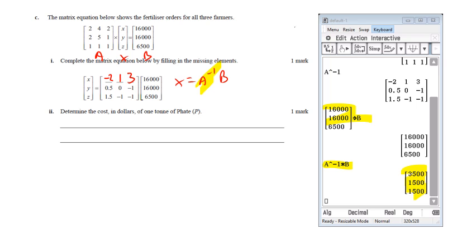Fate, if you remember, our labeling was K, N, P, so fate is the last one. So it should be $1,500 because it was the last one. Don't forget your dollar symbol because it says in dollars. They'll take the mark away if you don't put the dollar symbol.